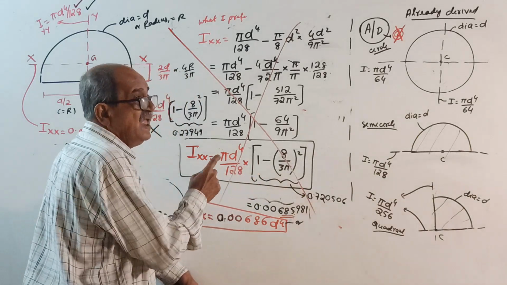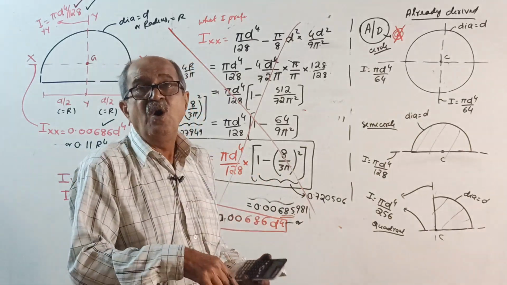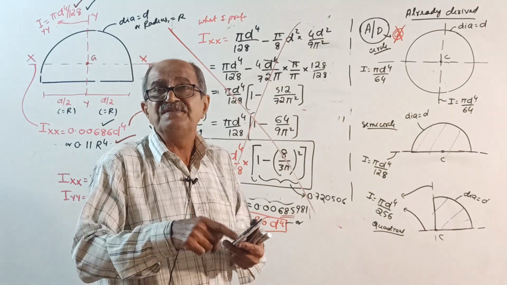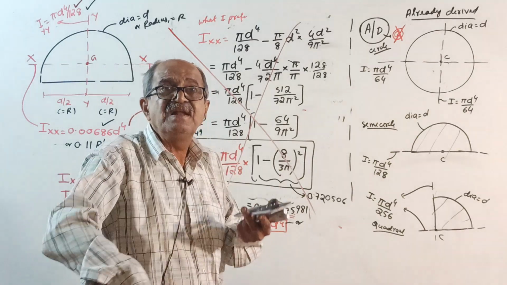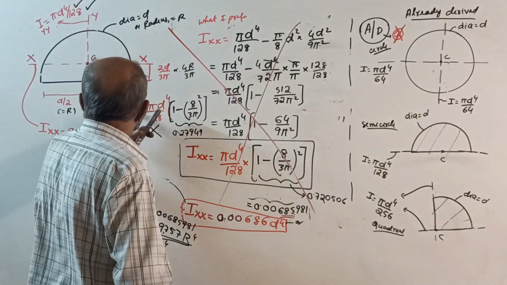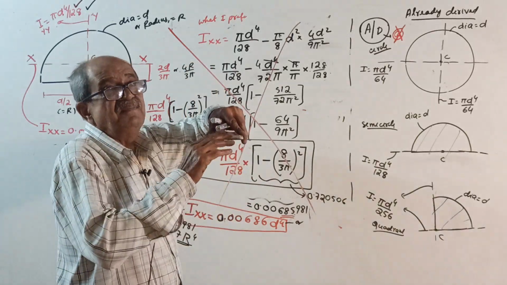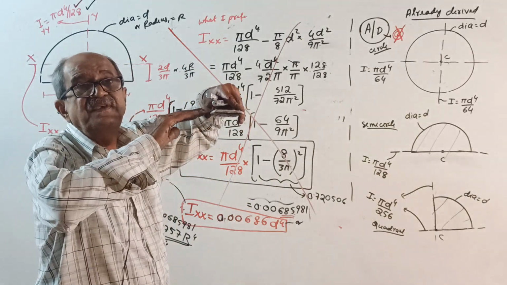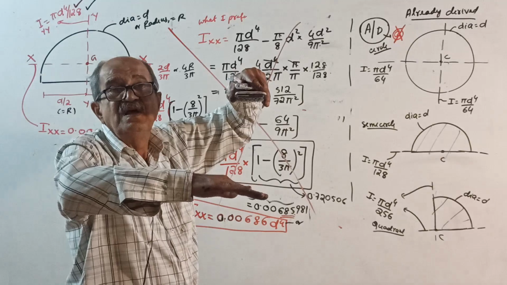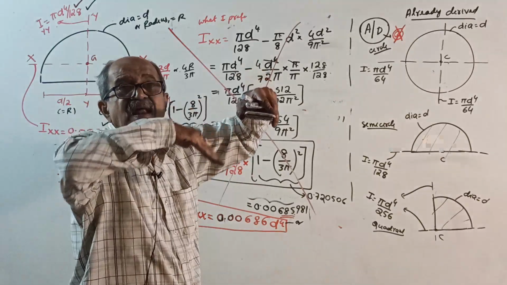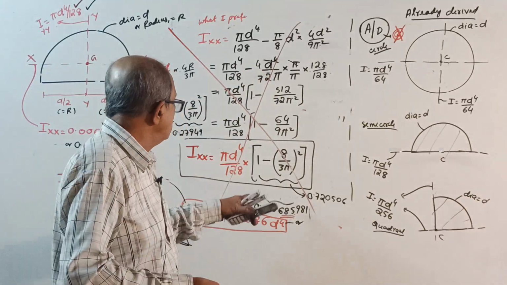Then they will start thinking about what he has done. Then somebody with a mathematical base will say, oh, correct, he is connecting Iyy to Ixx, or how much percentage lesser Ixx is compared to Iyy, because the centroidal axis is not passing through the center. Since it is shifted, moment of inertia reduces by that percent.